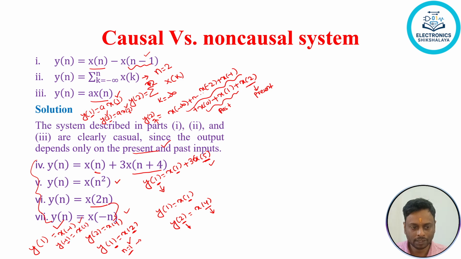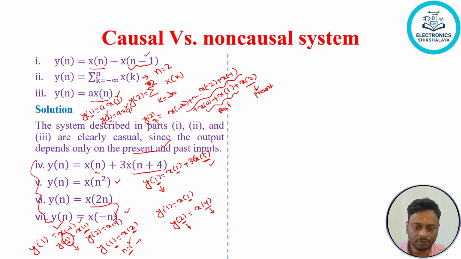So if we check y at n equal to minus 1, the value depends on x at n equal to 1. So it is the future values of the input samples. That is why these systems are called non-causal systems.